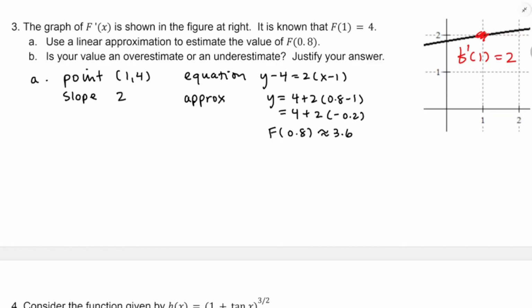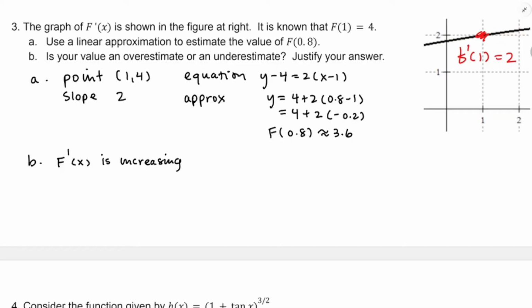Okay, and then for part B, is my value an underestimate or an overestimate? And justify my answer. Okay, I'm going to be thinking about the concavity of f. Well, f prime is increasing. Okay, and it looks like it's increasing for all x. I don't really know that. What I need is for it to be increasing between the point where I'm tangent and the approximation point.